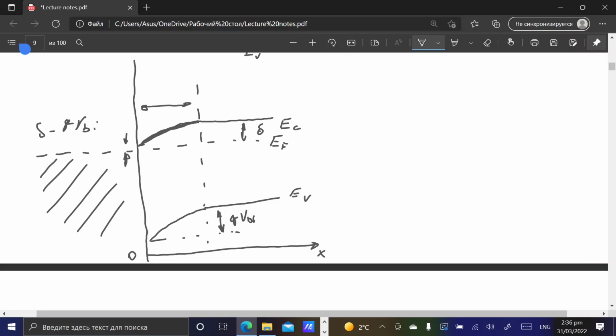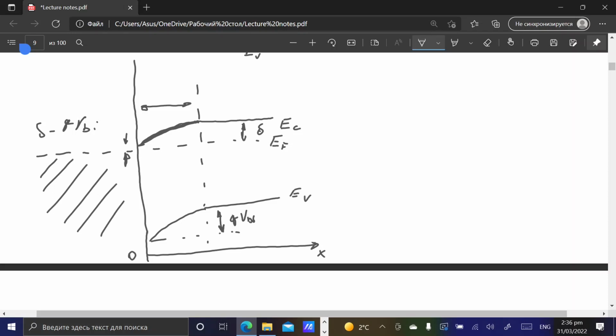In the second case, when we have a region enriched by majority charge carriers, we have the opposite. We have a big resistor, which is the neutral region, and a very small resistor. We apply external bias, the voltage drop happens over the neutral region of the semiconductor, and nothing happens with the enriched region, because the voltage drop there is negligibly small.